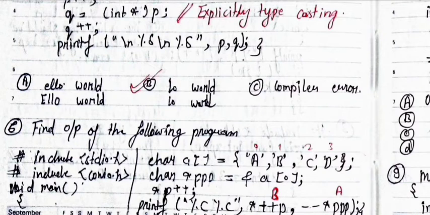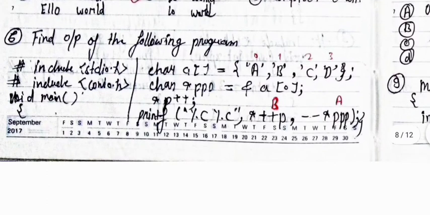Now come to the next question. Here the next question is: find the output of the program. The program is as follows: include stdio.h, conio.h, void main. Here a character array A is equal to "ABCD" and a character triple pointer P is equal to the address of A0.